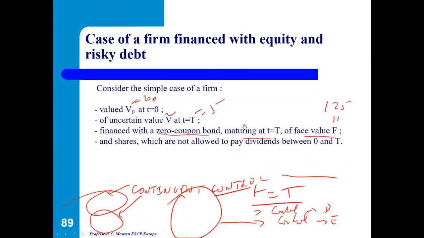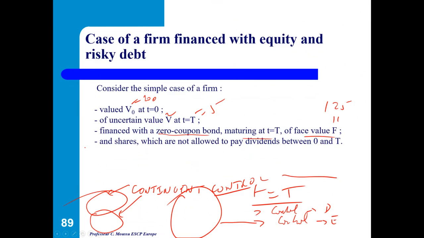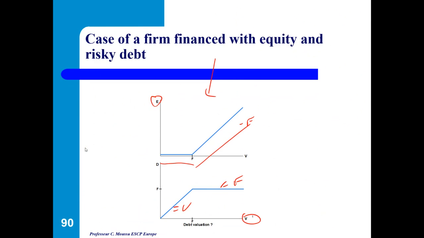In the design of the call, you have the premium, which is what you pay. But here what we look at is only what you receive. You receive zero at maturity, or V minus F.